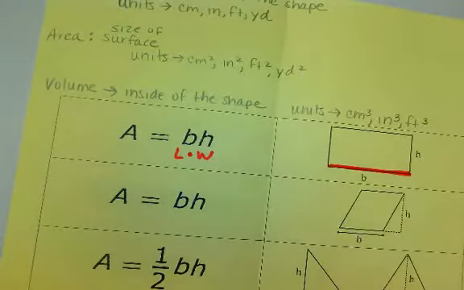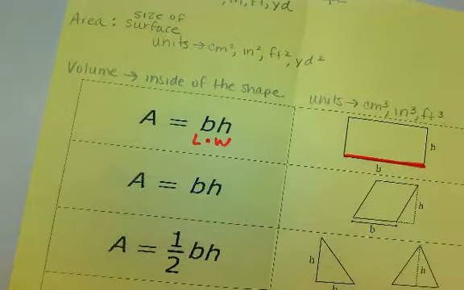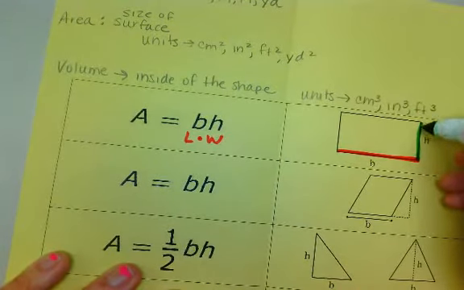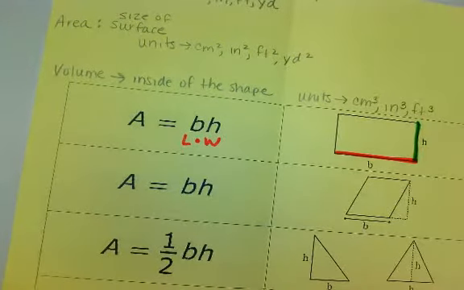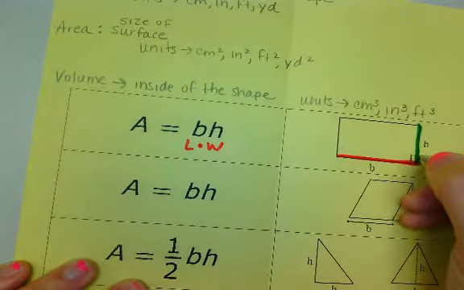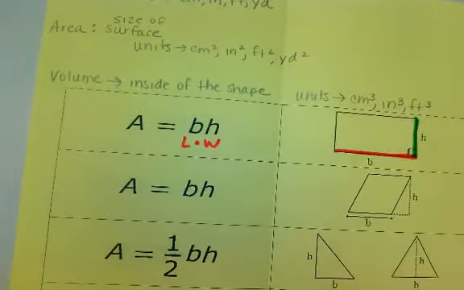Sometimes they'll have it turned around or sideways, but your base is always your longer side for a rectangle, and your height is what connects these two. So your height is your side, and your height is always going to form a 90-degree angle. If you know anything about rectangles, they have 90-degree angles. Okay, so that's what you do.